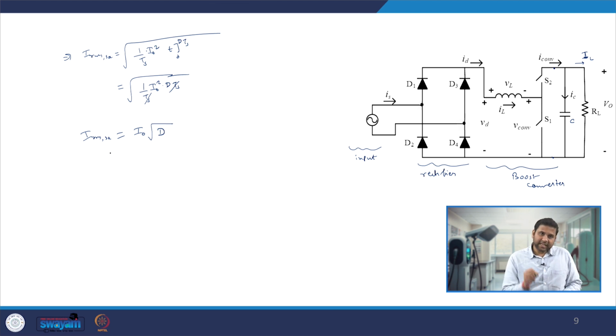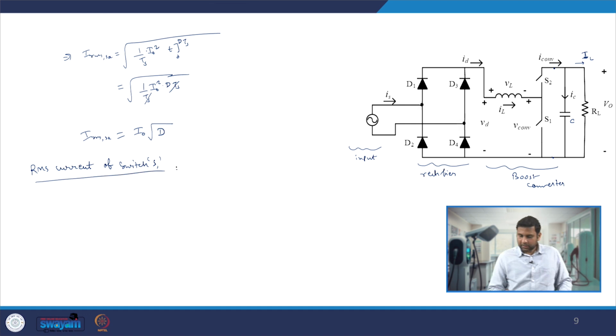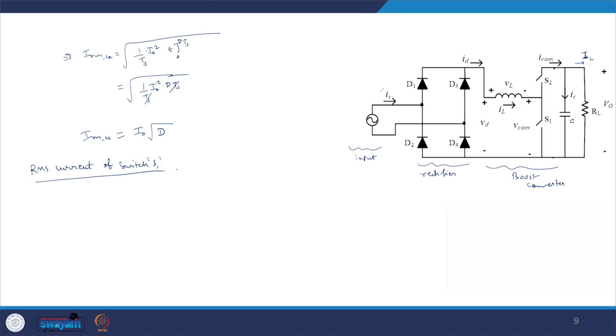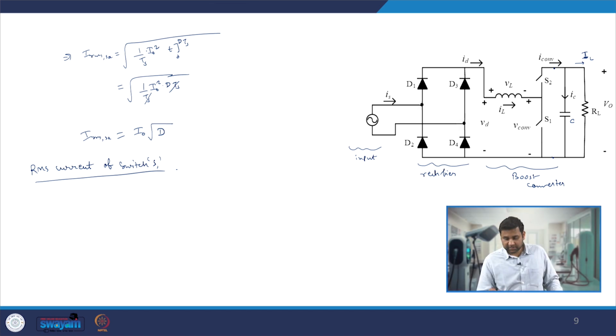Similarly, the same concept we will use to calculate the RMS current of switch S1. We have already assumed that the current at the input flowing through this diode bridge rectifier, ID, is nearly equal to Is in the positive half cycle.